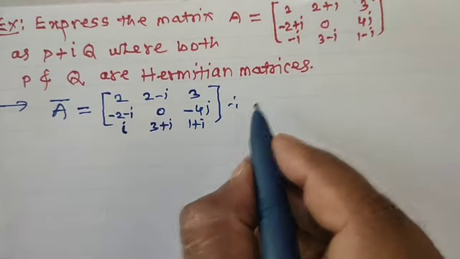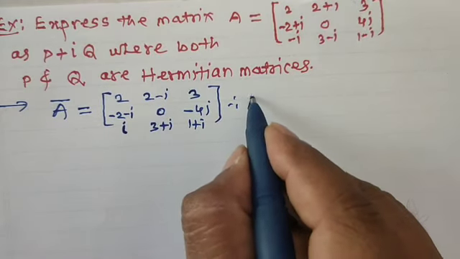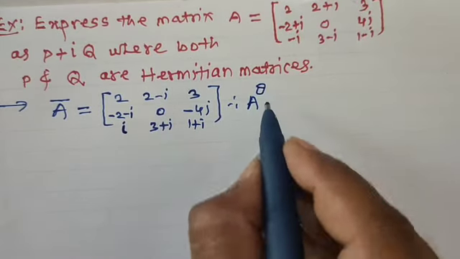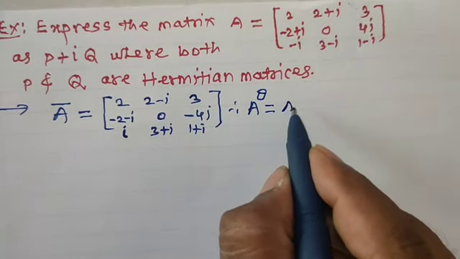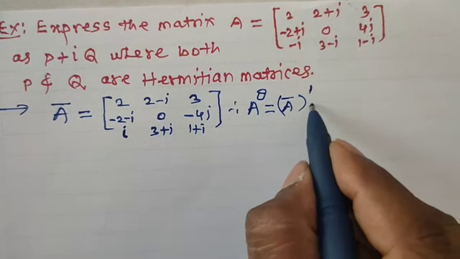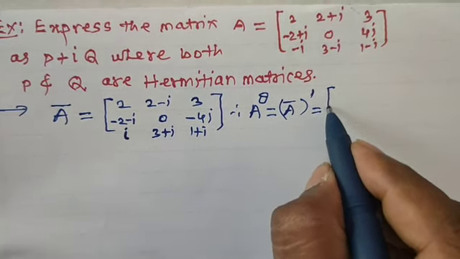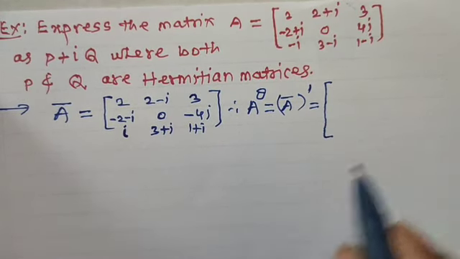Now, transpose of this, transpose of A bar, that is nothing but conjugate transpose of A, and which is A bar, its transpose. This is equal to, now what we have to do, first column becomes first row.